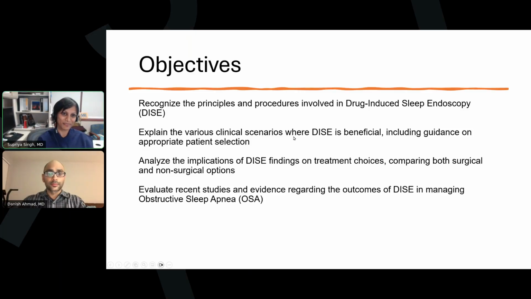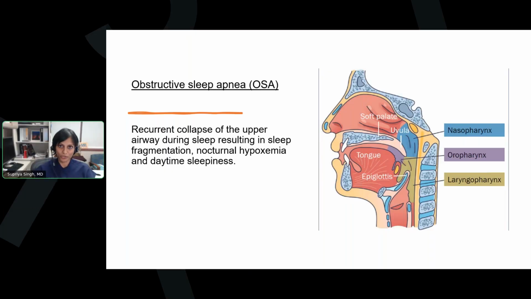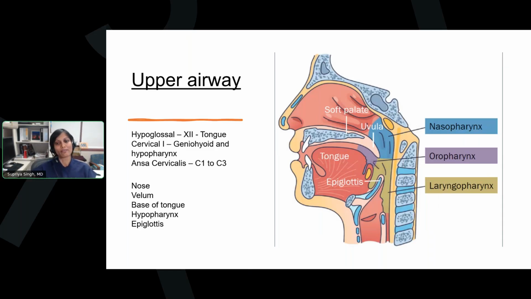Sorry about that. All right, so obstructive sleep apnea, you may know, is a recurrent collapse of the upper airway during sleep, resulting in nocturnal hypoxemia, sleep fragmentation, early morning headaches, and fatigue during the day. Certainly, obesity is one of the most common modifiable risk factors, but anatomy of the upper airway plays a big role as well.